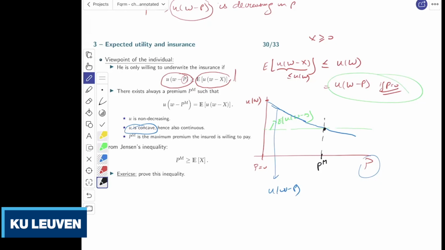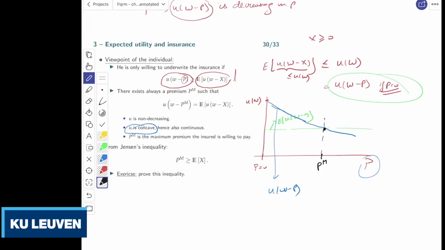It's better to take the risk X yourself instead of insuring it. Why? Because the premium is too expensive. You are happy with the insurance because you get rid of the risk, but the price you pay is too much. So this P big M is what we call the maximal premium.